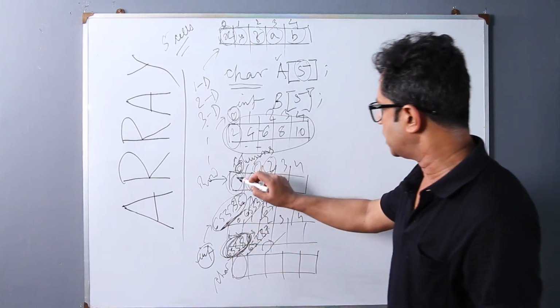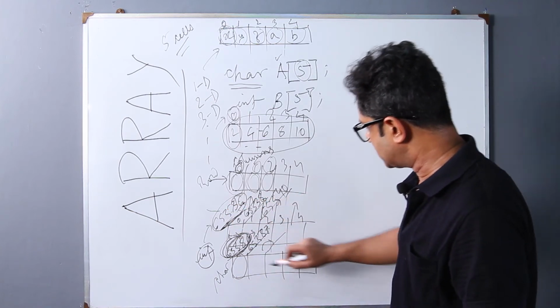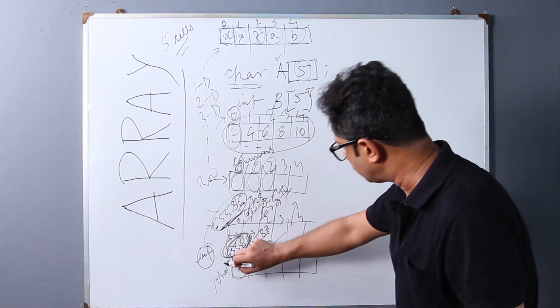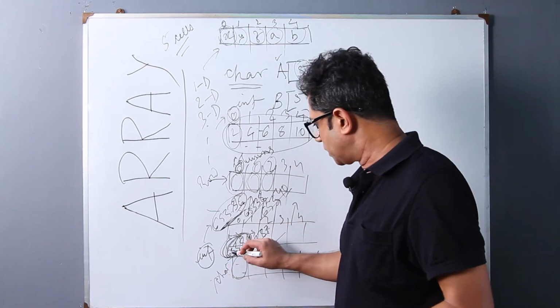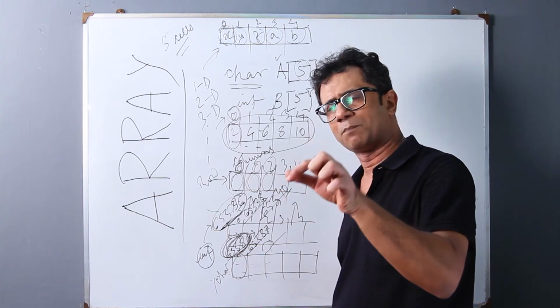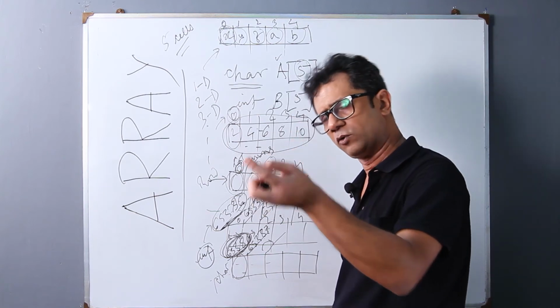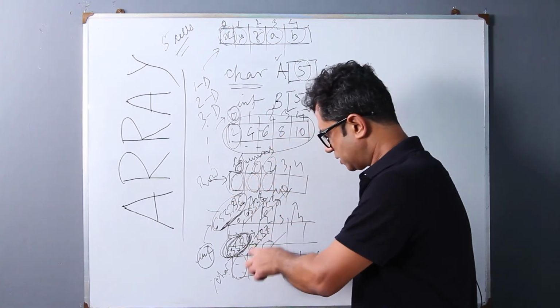If it is an integer array, then the numbering would have been like this. If it is a character array, the numbering would have been in this manner. If it was a float array, the numbering would have started from some number, some bytes, and then 4 bytes should be added to that previous value in order to get the memory address of the next cell.